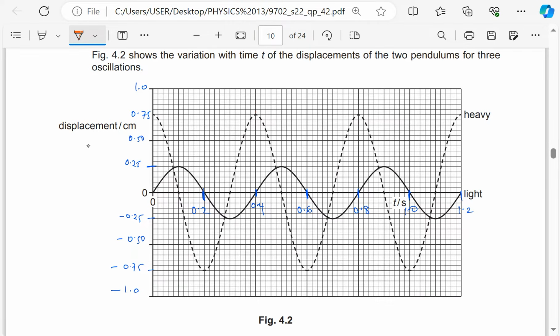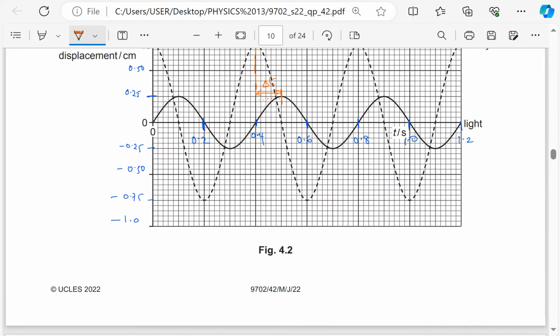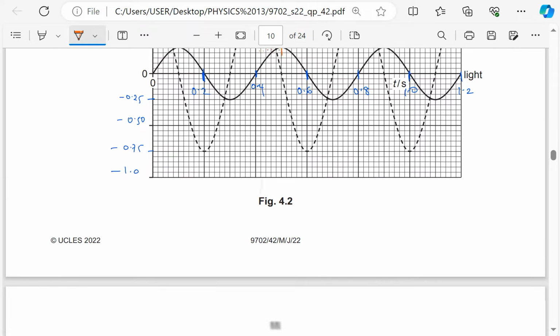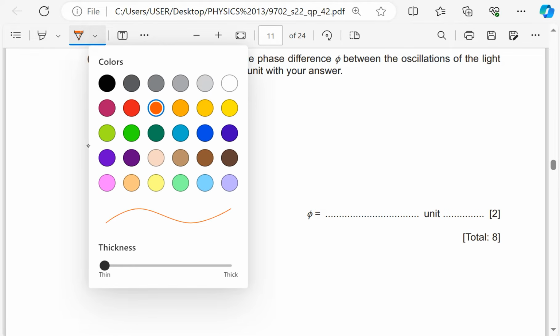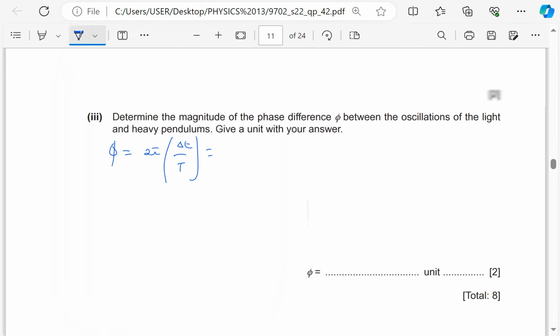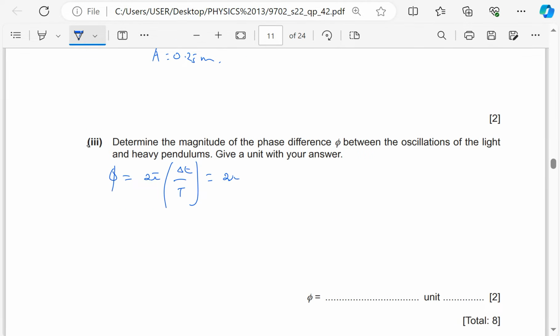For instance, I'll take this point here and this one here. These are corresponding points, so this is going to be delta t. 1, 2, 3, 4, 5. 5 small squares, so that is going to be 0.1. So the time out of step is 0.1. So this is 2 pi into 0.1 divided by the period, which is 0.4.